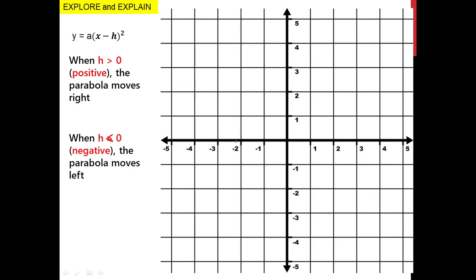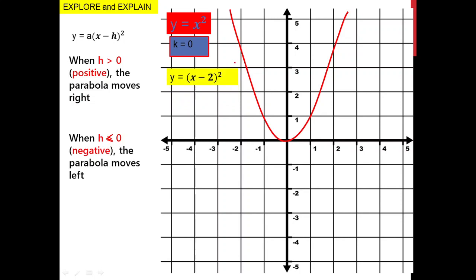So let's have an illustration of this one. Again, let's start with our parent graph or parent equation, which is y is equal to x squared, and the parent graph is this one. Okay, so k here is equal to 0. Therefore, the graph is at its origin.